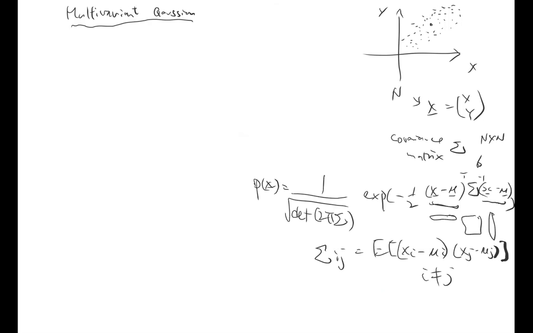This guy here, I'm 100% sure, is called the correlation coefficient, something similar to that. The correlation coefficient of the two variables, basically, xi and xj.